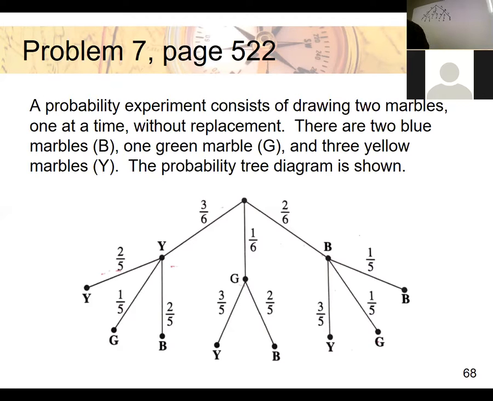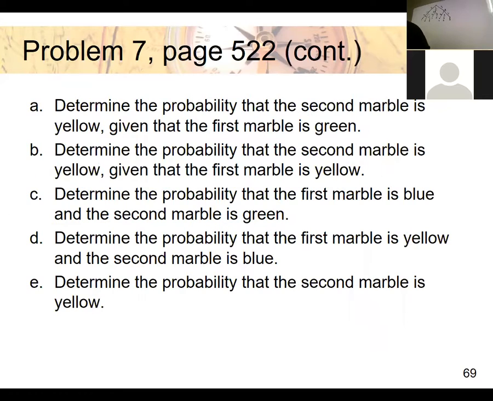All right. Now the next slide has the examples for that particular problem. It says, determine the probability that the second marble is yellow, given that the first marble is green.